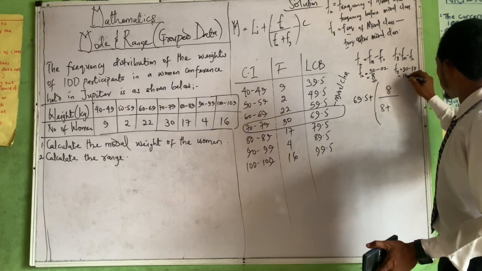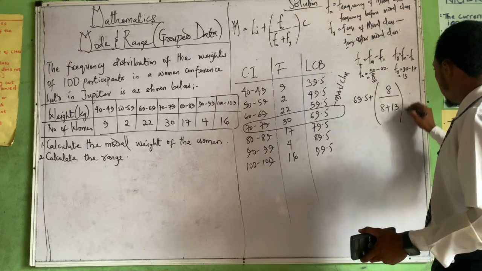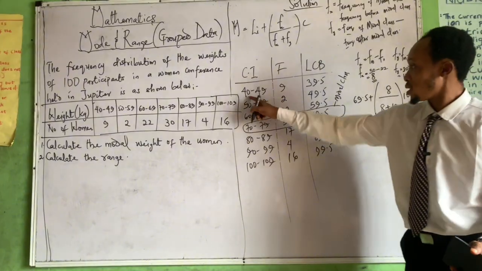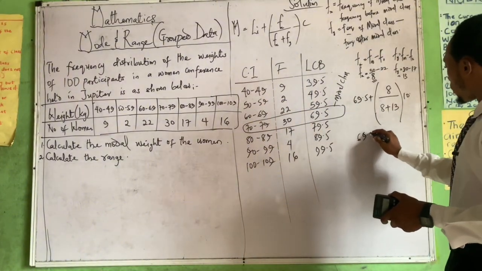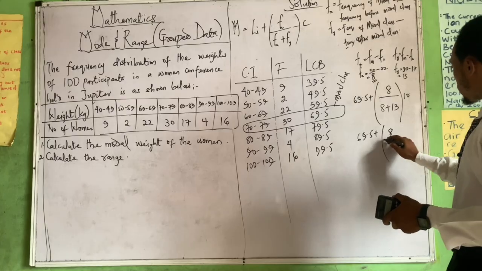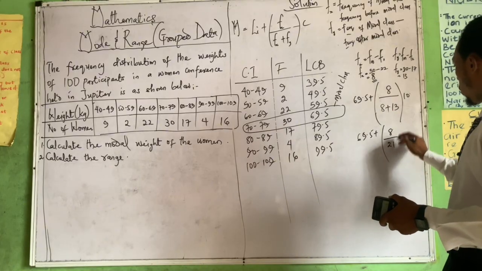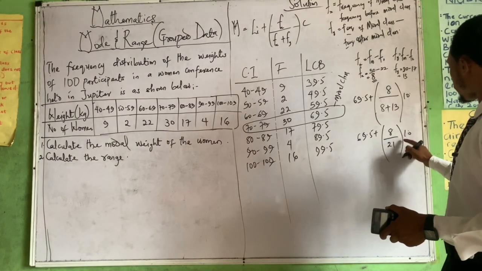So I have 13, and my class size is 10. Don't forget the interval is 10. So 69.5 plus 8 over 21, times 10.